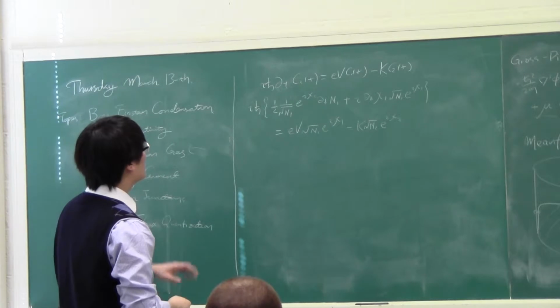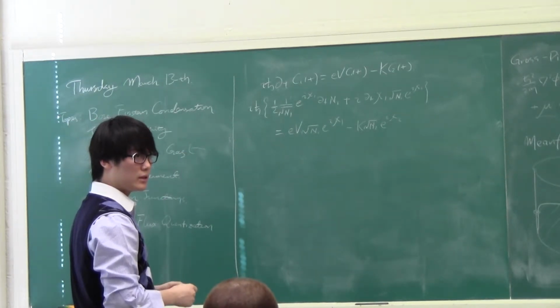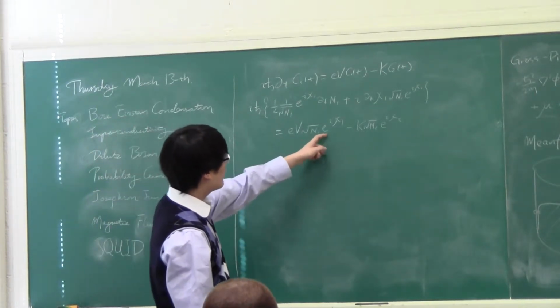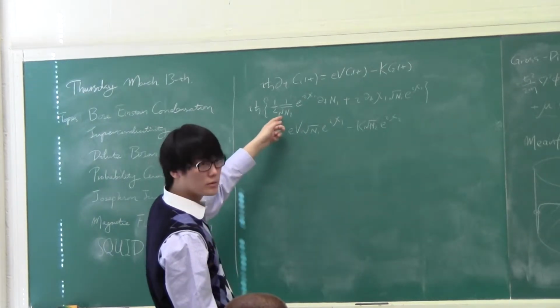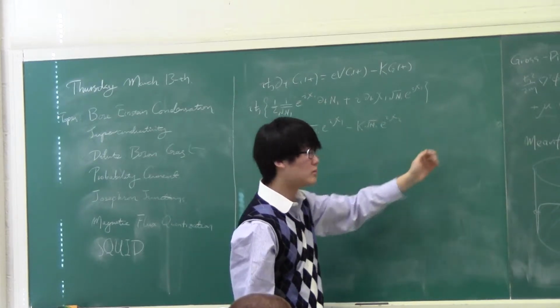Okay. So now let's work with this equation. I'm going to manipulate it so that the chi1 is given to this factor here. And then, instead of dividing by the square root of n1, I'm going to multiply it through.